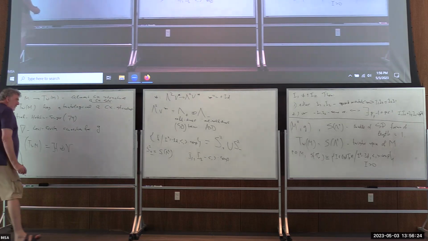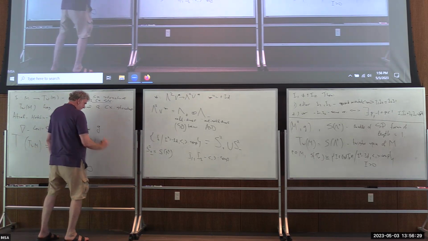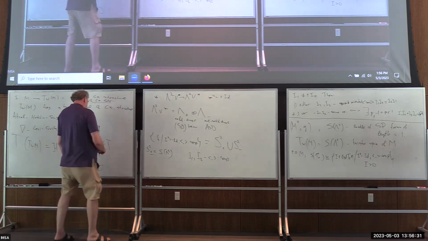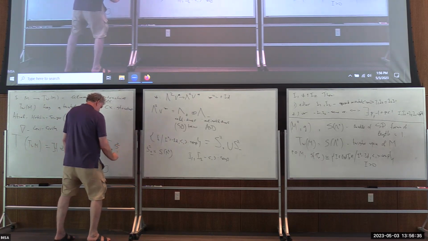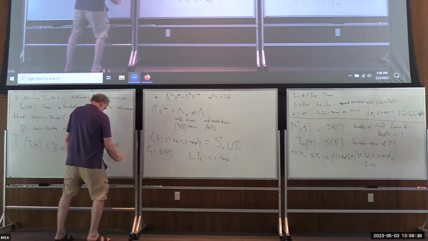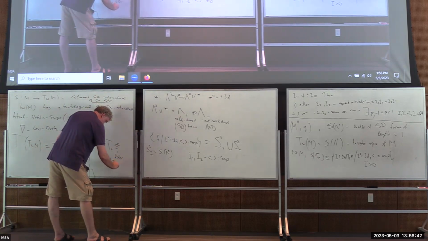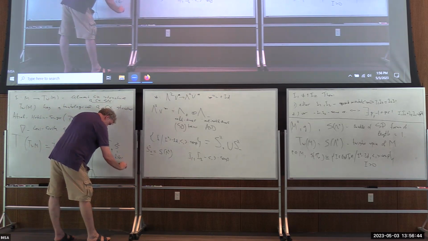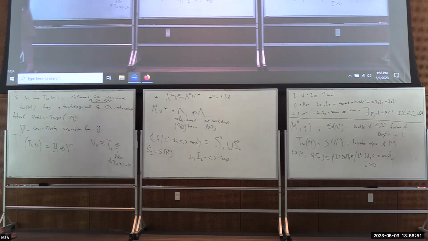Now, the vertical part is identified with the fiber of this projection, because the fiber is a sphere. Of course, this is canonical.